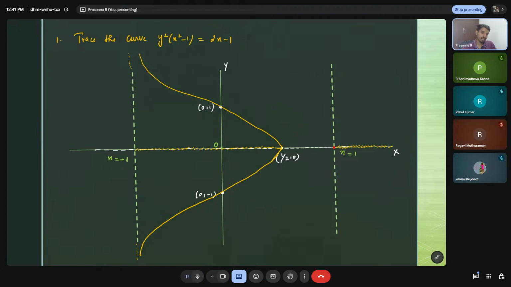And here you can see again we have an asymptote. The function is defined here, and then we have an asymptote here. You have an asymptote here also, right? You have an asymptote here also.